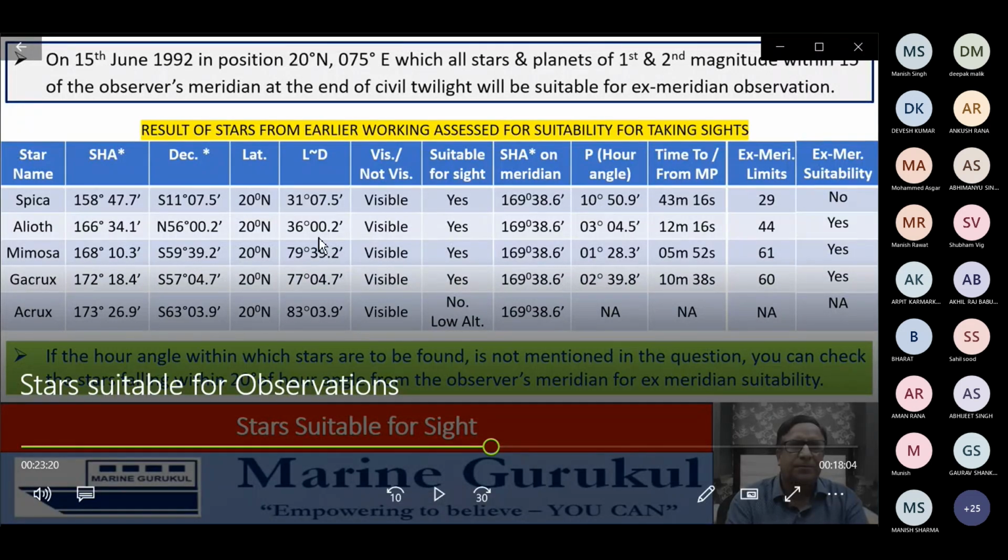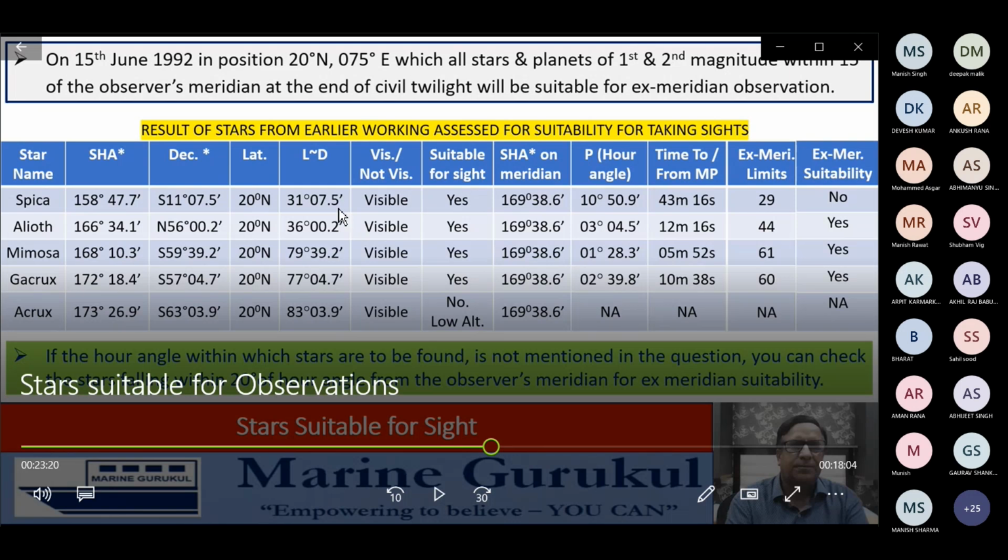Okay, so beta, this was what we did in the last session. We had made a list of the stars. First we checked L difference D, and wherever the value of L difference D is less than 90, that star is visible to us. Fortunately, all the 5 stars were visible. Then we checked suitability for sight.